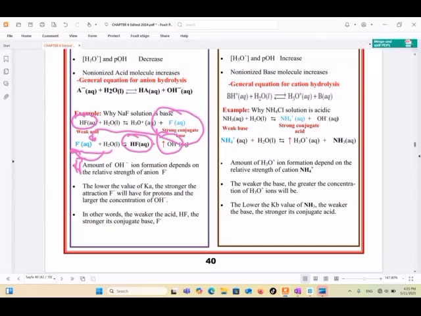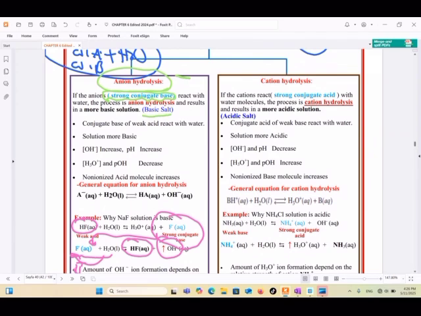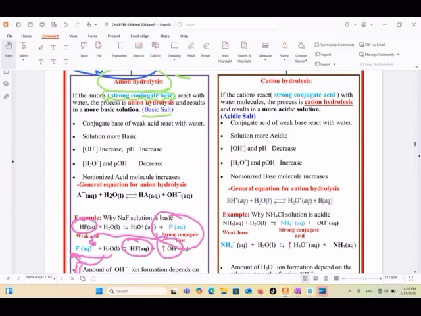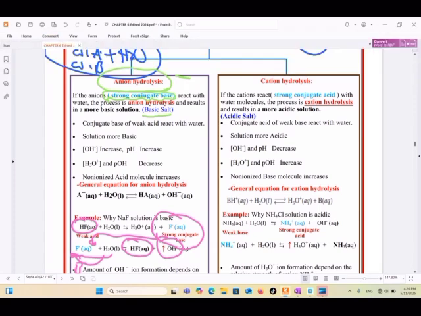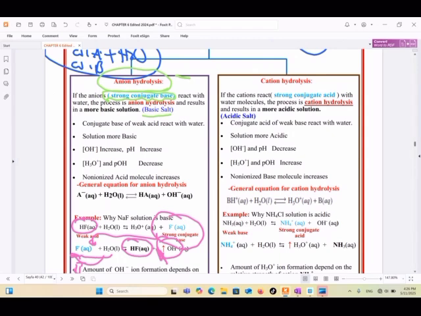Therefore, what will happen when we have a process of anion hydrolysis? There will be changes in the acidity of the solution. How? Because it increases the hydroxide concentration. We can say that the hydroxide increases and the solution becomes more basic.